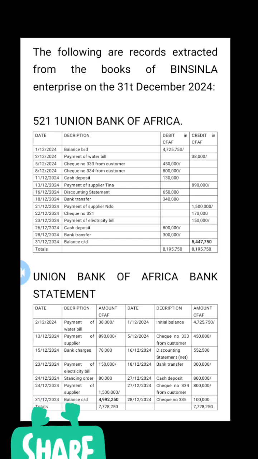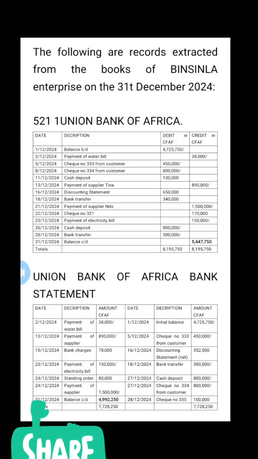Then you go to the bank statement. You will discover that on the debit side, we have bank charges and standing order that has not been ticked. Then on the credit side, we have discounting statement and check number 355.